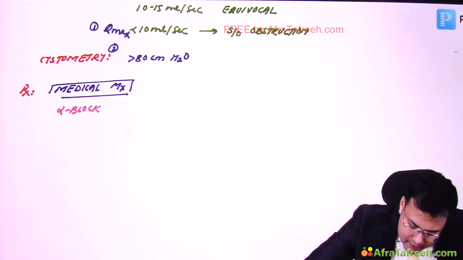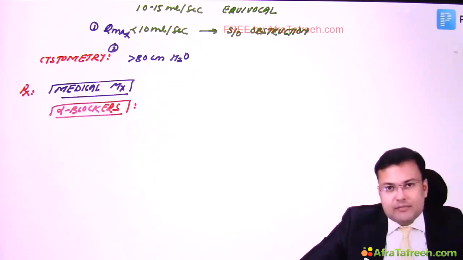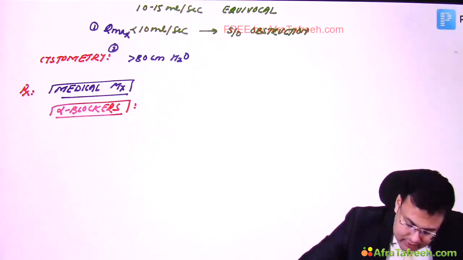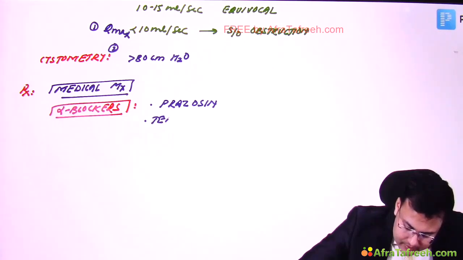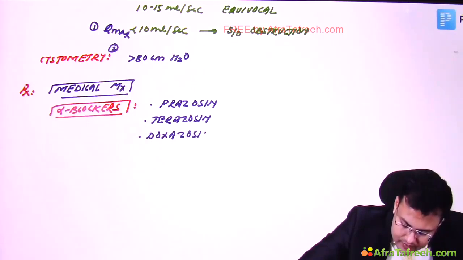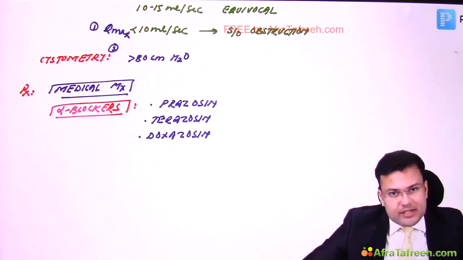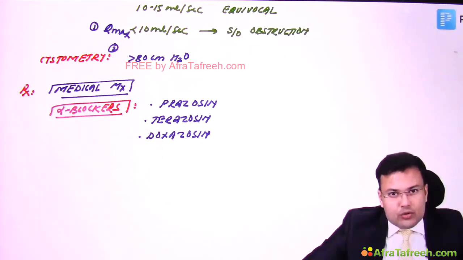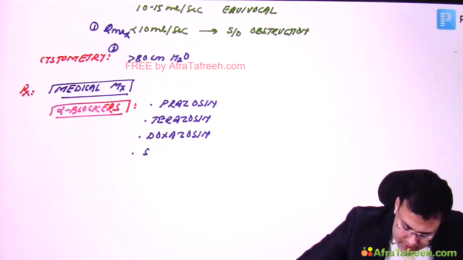What are the various drugs which can be given in patients of BPH? The drugs which we use are prazosin, terazosin, doxazosin. In DNB, there was one question related to a new drug, silodosin. You have to remember, this was asked in DNB. Silodosin.